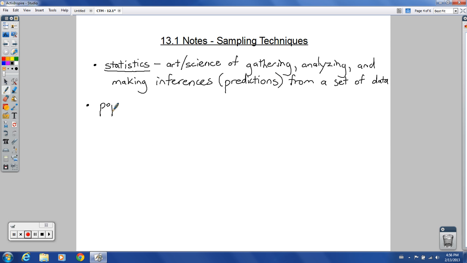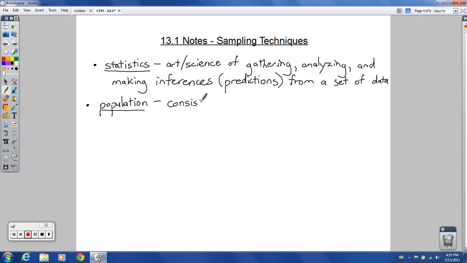And so population and sample, those are a couple other things that I definitely want to define here. Other terms that may have showed up in the vocabulary list, we'll talk about as we go through this lesson and this chapter as well.